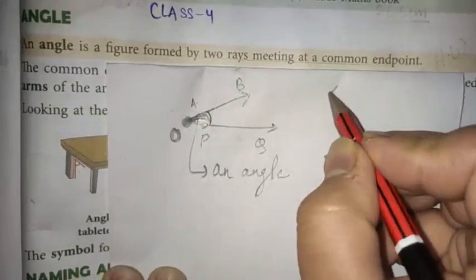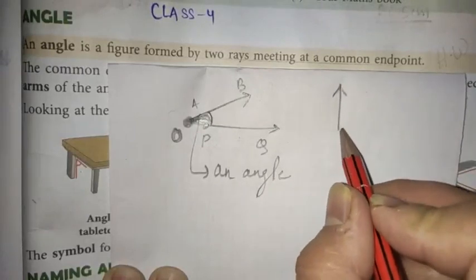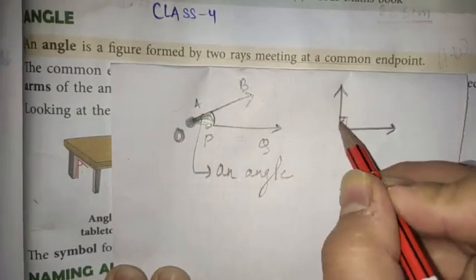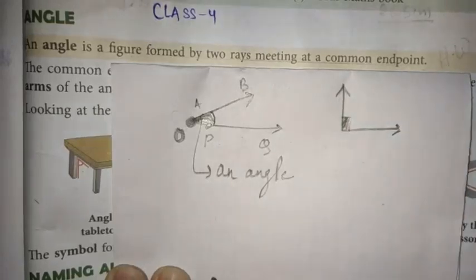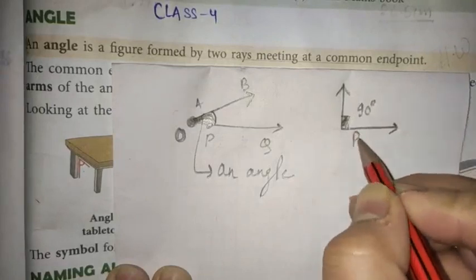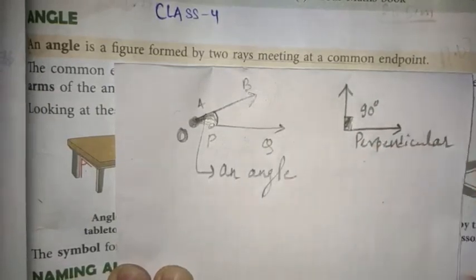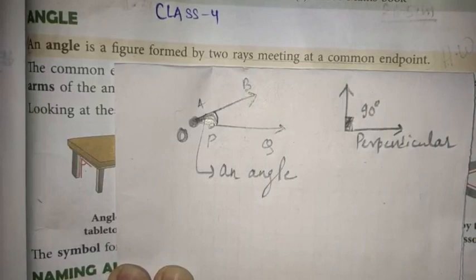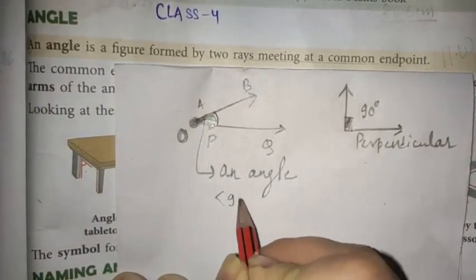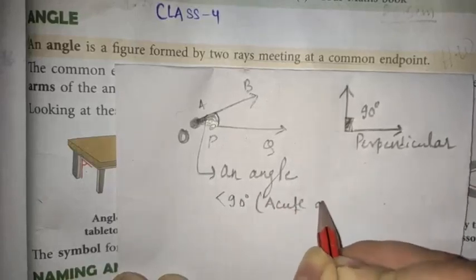Suppose two rays meet like this. The angle formed is 90 degrees, and we consider this perpendicular, as we did in the last class. This is less than 90 degrees, so it is considered an acute angle.